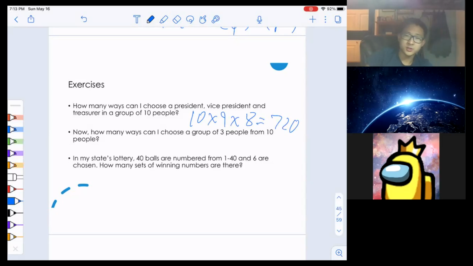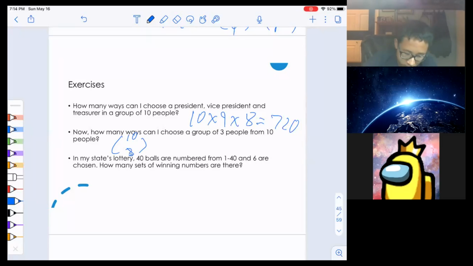Now, how many ways can I choose a group of 3 people from 10 people? This one's different because order doesn't matter, so the number of possibilities is going to be smaller than in the first problem. We can also write this as 10 choose 3, as we learned on the last slide.